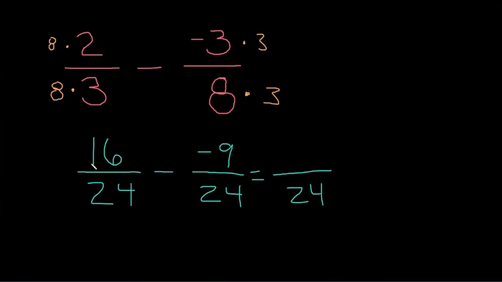This would be the same as if I wrote 16 minus negative 9. Because that's really what we're doing here. 16 minus negative 9. Well, those are together, so we can plus those out. So we have 16 plus 9. Well, that just equals 25.